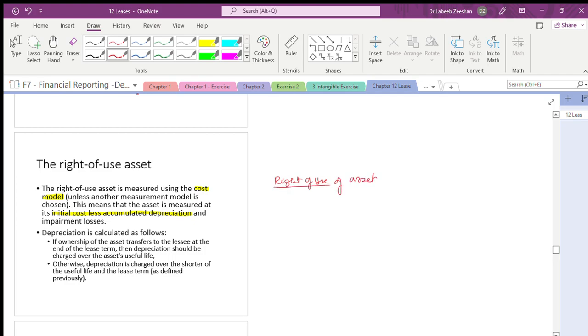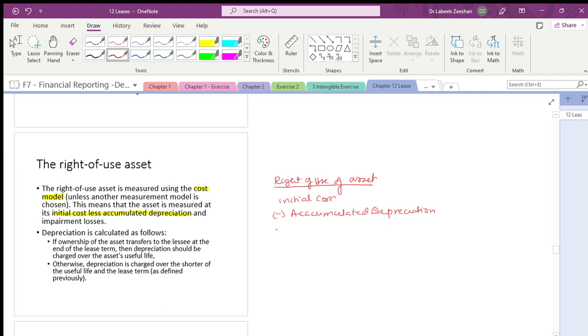What will happen? We take into consideration the initial cost. Next, accumulated depreciation, the depreciation of all the years, we have to remove it.